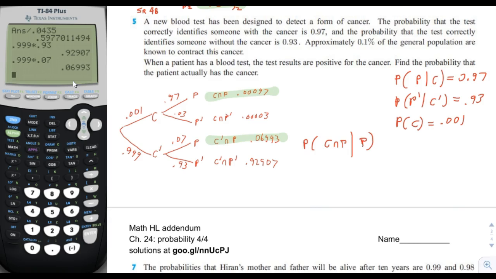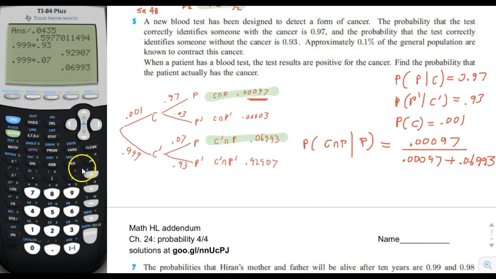So that would be equal to the probability that they have cancer and they test positive, 0.00097, divided by the probability that they tested positive, which would be 0.00097 plus 0.06993.